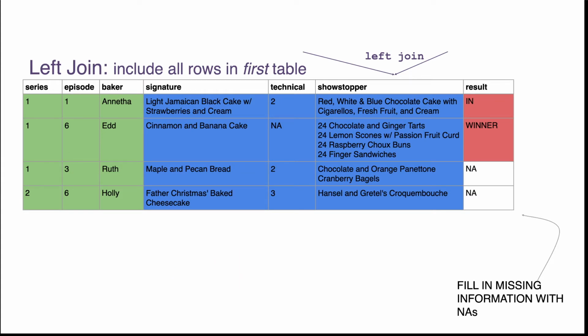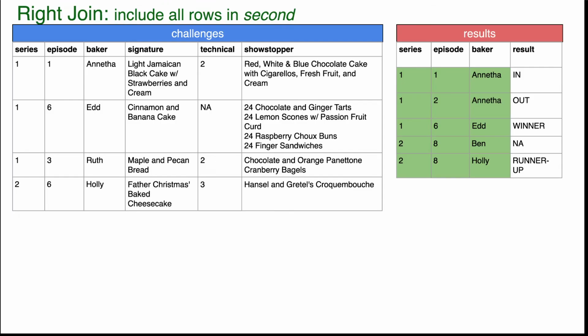So, if you have missing information, when you're doing a left join, when that information's not in the right table, then it comes out as a not available, as an NA. All right. You can do the right join. So you're going to include every single row in the right table and pull the left table into this.